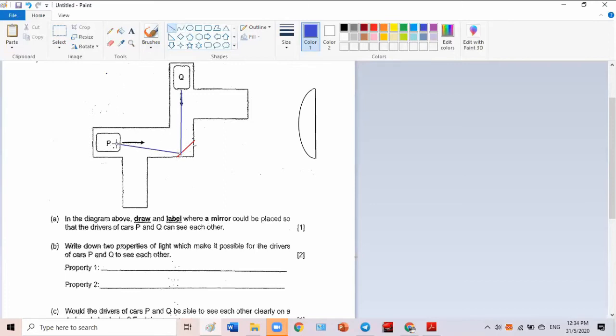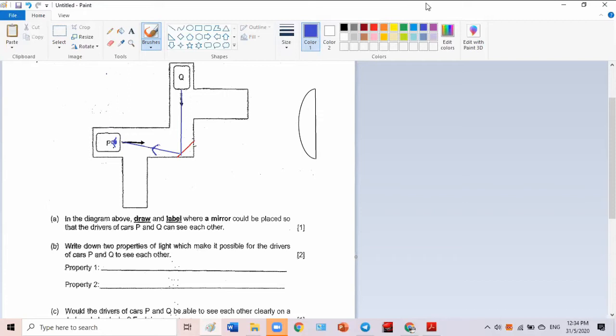Can you see? At least you can see him, because light travels in a straight line. It bounces off here. So the driver's eyes here can see the blue color light coming in.